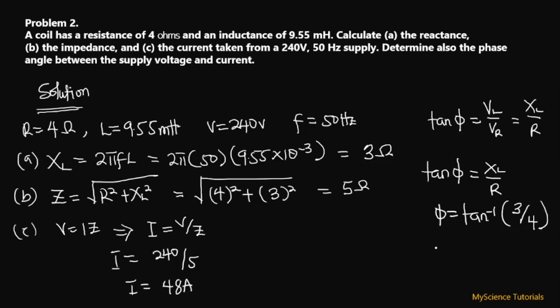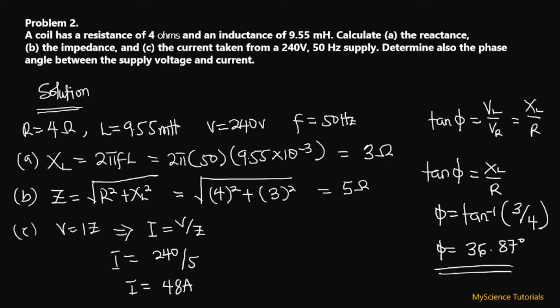So our phase angle is tan inverse of 3 on 4, and that is going to give us 36.87 degrees. So this is our phase angle for this particular problem.